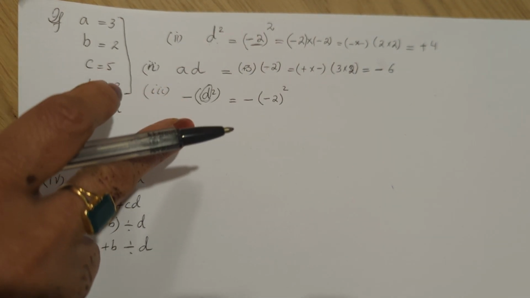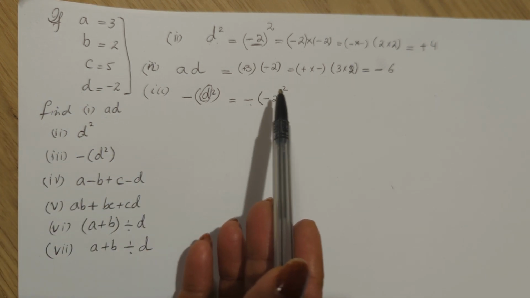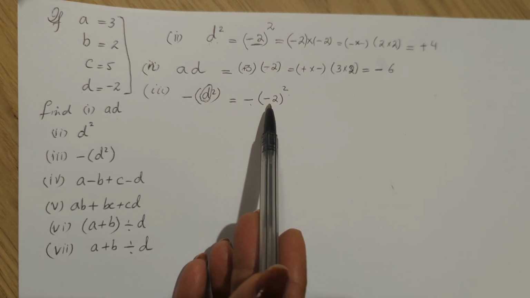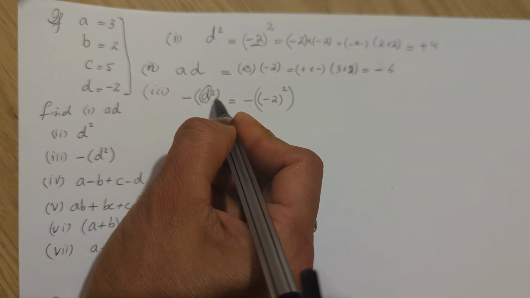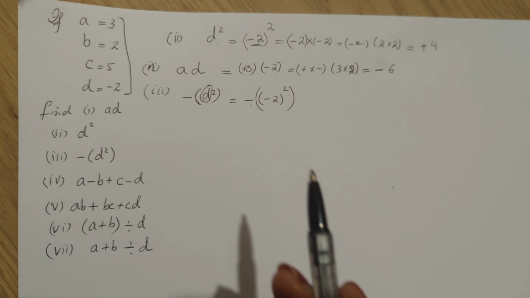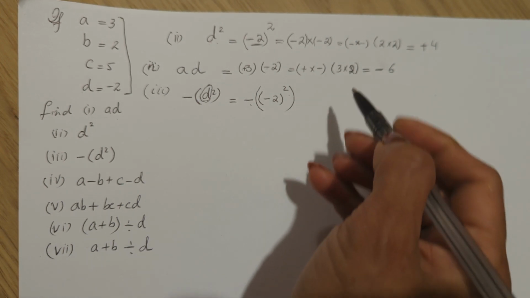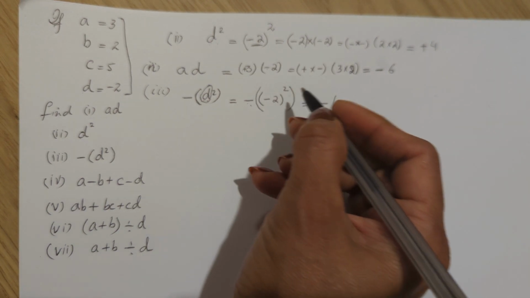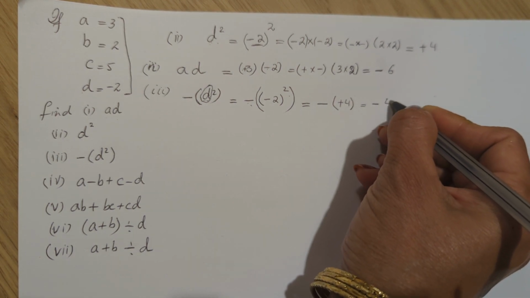All other things are the same: the minus is the same, the square sign is the same, only I replace d with minus 2, right? This expression is inside the parentheses, so the brackets will be doubled here because I use in place of d its value minus 2. Minus 2 whole square is plus 4. So minus multiplied by 4 gives you minus 4 here.